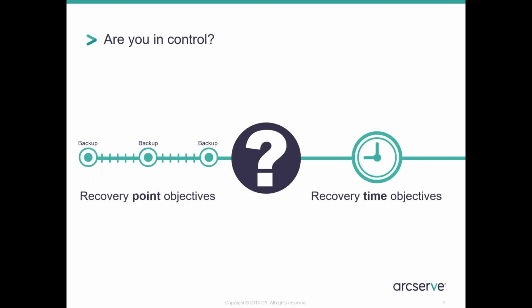That's because you would have to recover the system from last night's backup, depending on what time of day the system failed. It's not until you think about the implications of that that you realize some of your more critical systems need to be protected more. How much data can you afford to lose?